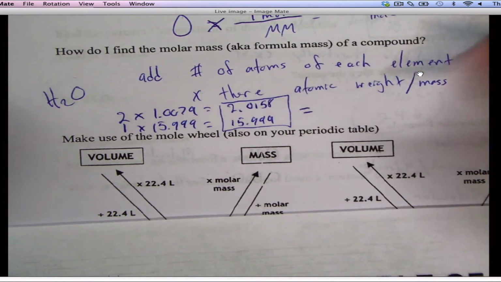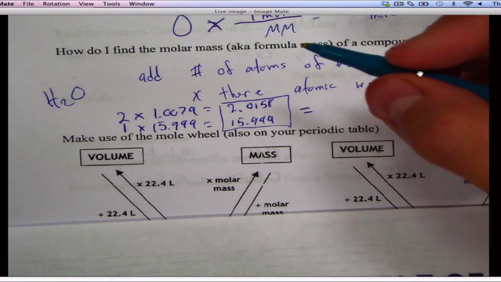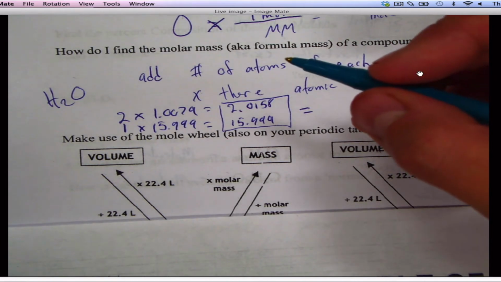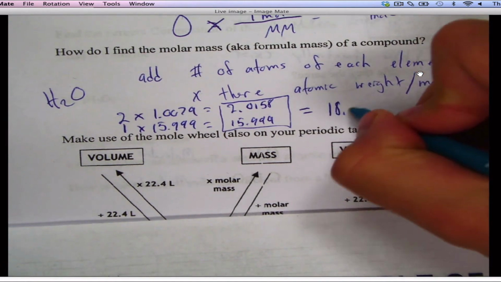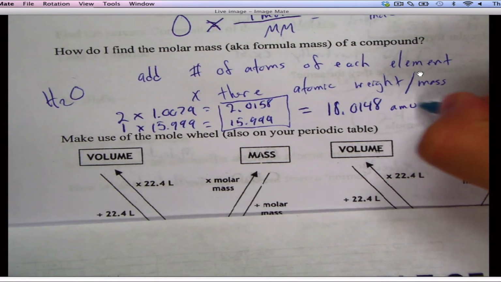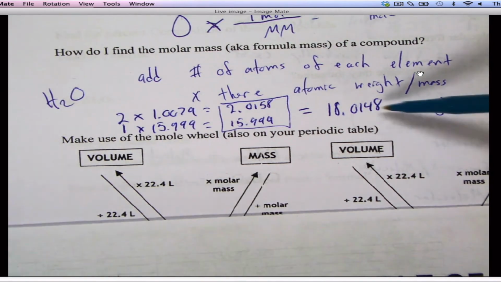So I add these two together: 2.0158 plus 15.999 equals, and your answer should be 18.0148. Remember, this is going to be atomic mass units, which you could just say is in grams. And that is your formula mass or molar mass of water.